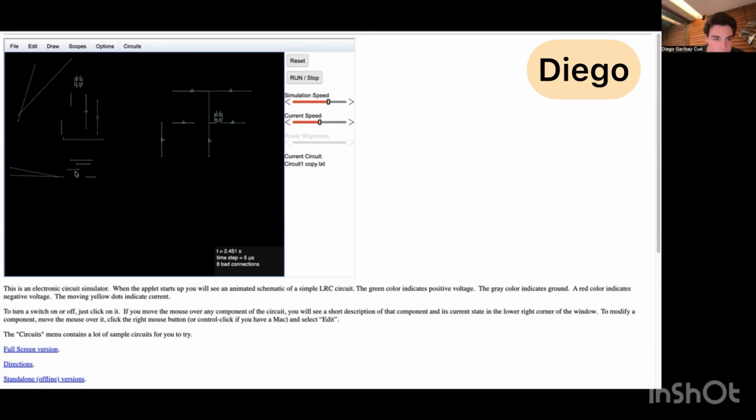Now we also have here, this will connect. Oh, here we have a voltage source that is of 5 volts, and that is directly connected to this resistor.